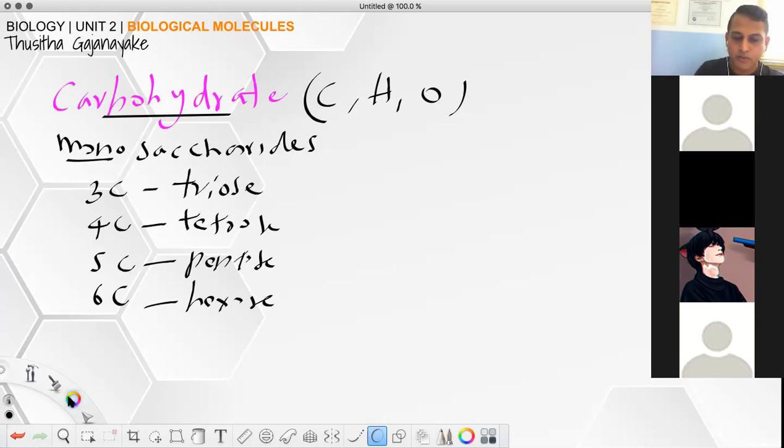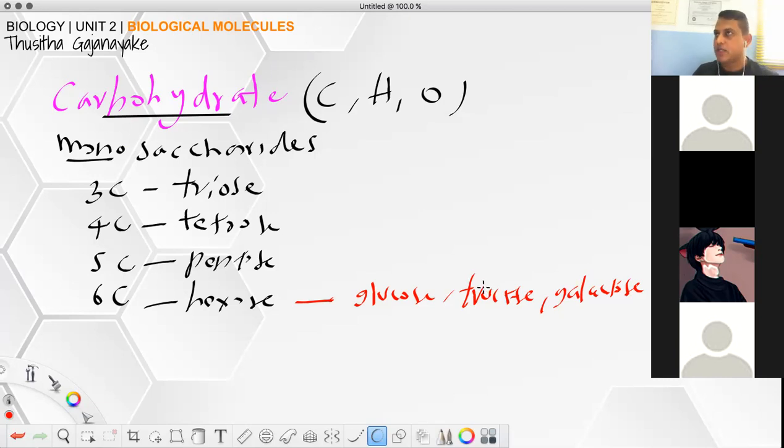Okay, one of the most important things for life is glucose. And after that fructose and galactose. These two are also important for life. They are naturally occurring. They help to build up the life and sustainability of life.